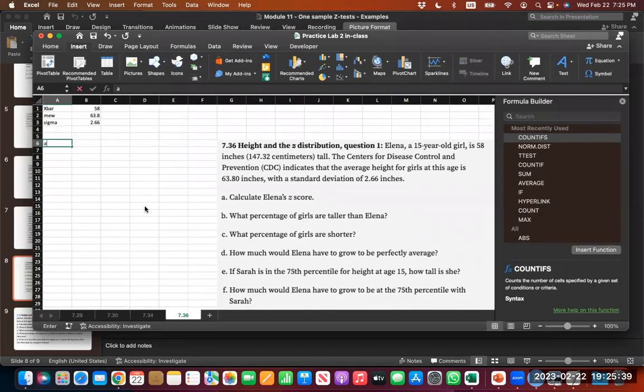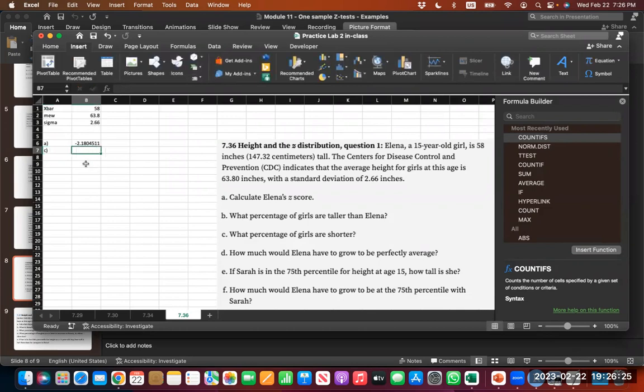So you try to quantify that z-score on your actual population distribution. So if you say 58, now you're not calculating the standard error of the mean. Now you're basically calculating 58 minus mu divided by sigma. That's minus 2.18. So now you want to know what percentage of girls are taller than Eleanor.